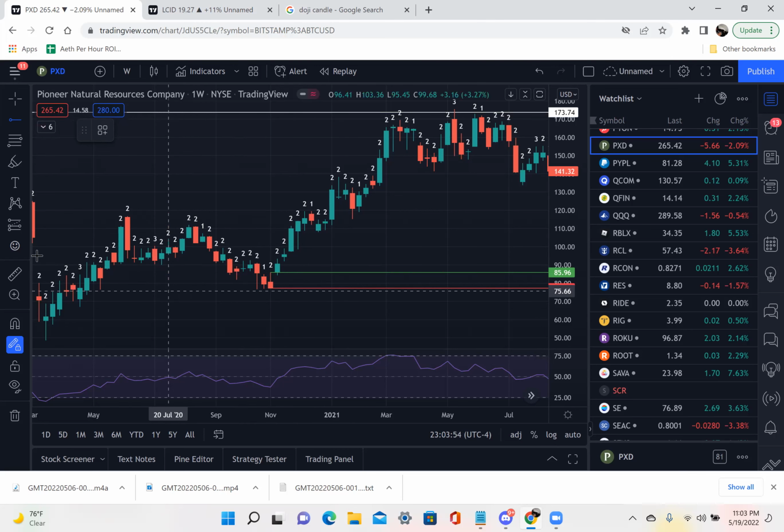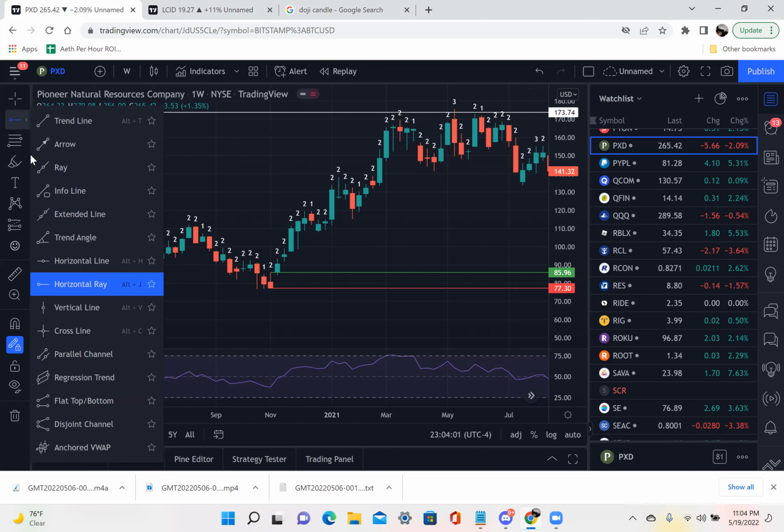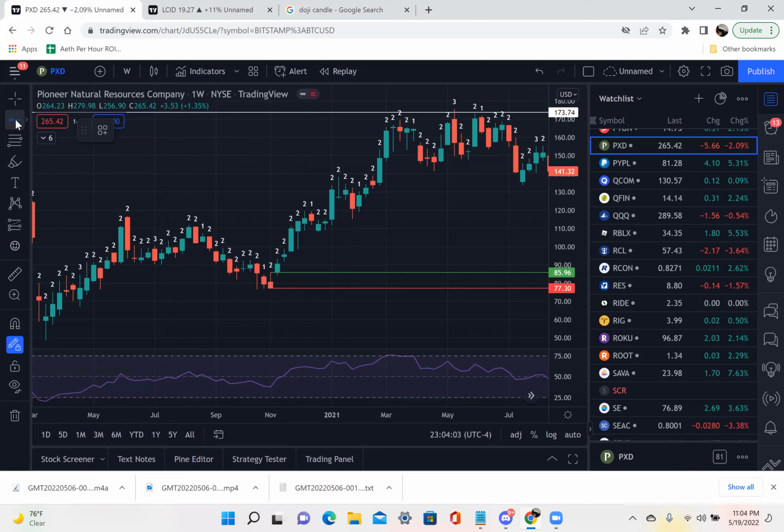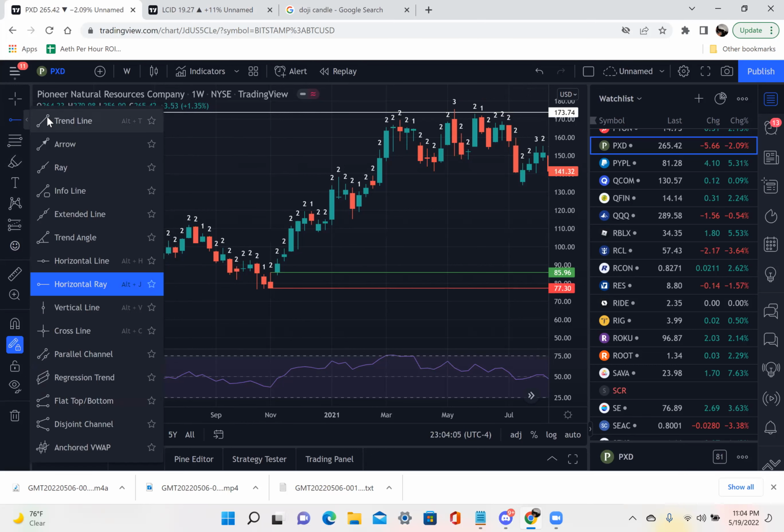But to get your lines, you want to click right here to your left. You might have them to your left or you might have them to your right. The first one right here is going to be your trend lines, and they're going to have trend lines, arrows, rays, different types of tools that you can use to draw.